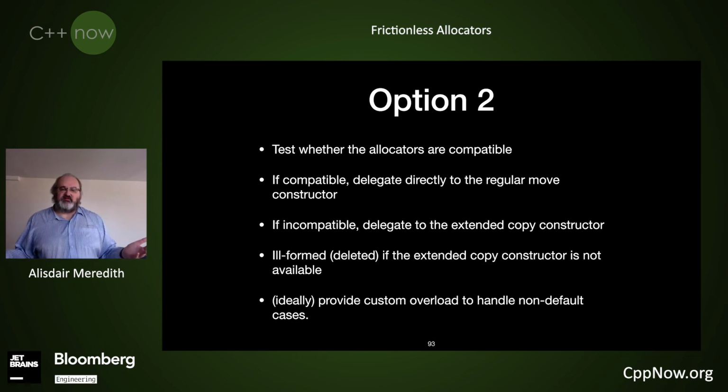And if that's not available, then effectively my implicit form will be deleted or maybe just not exist. I would have the ability somehow to provide custom logic in the case where I did have the string and the mutex, and I wanted to explicitly support that. I could write that code, but in the generic default case, the default idiom would be, no, I will just do this test and delegate to either the regular move or the regular copy with allocator.